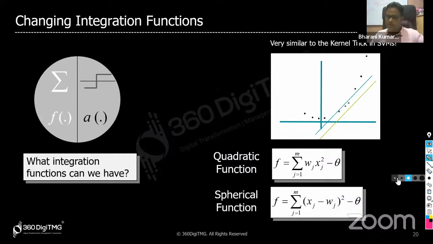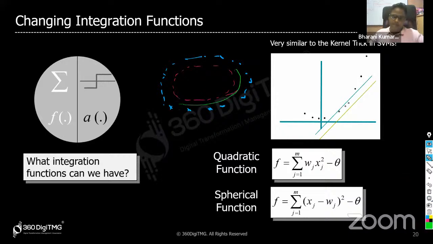And then we also have something called as spherical function. If you have data like this, and if you want to segregate the pink from the blue, you should have a spherical shape. That would be captured when you have your integration like this.